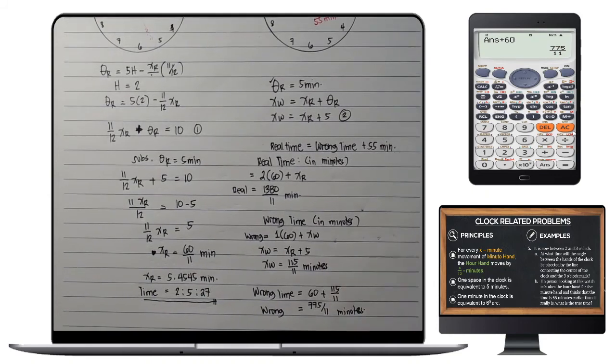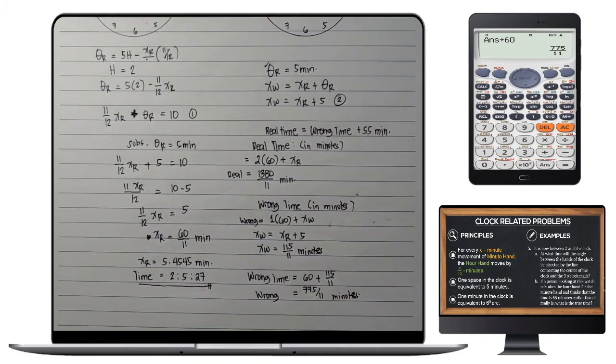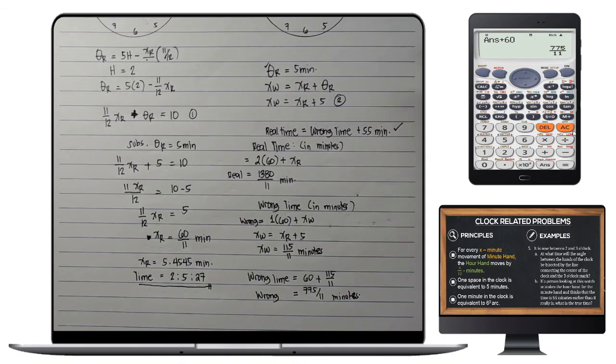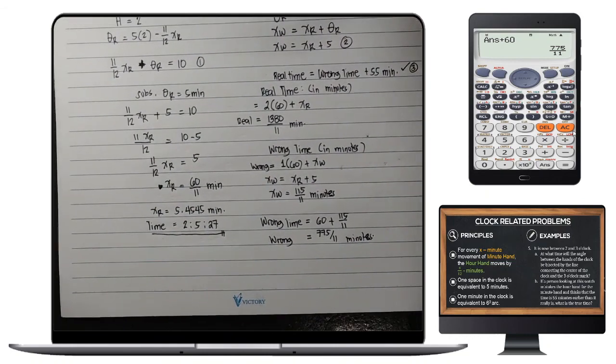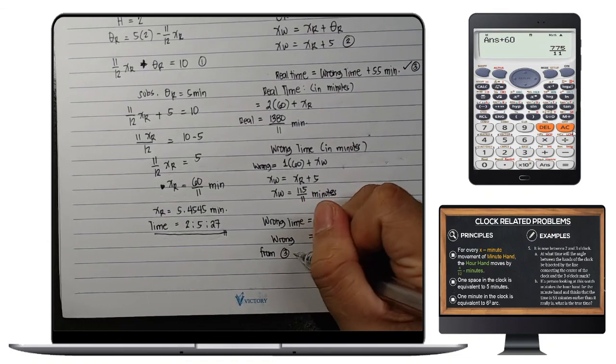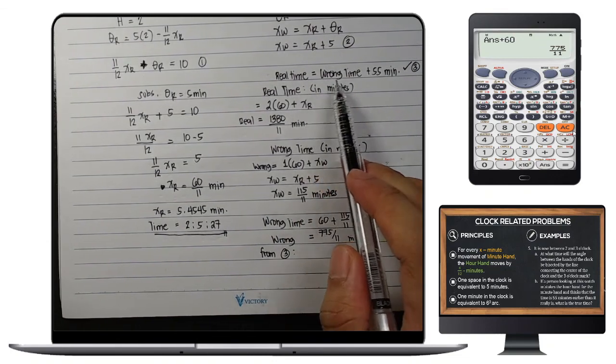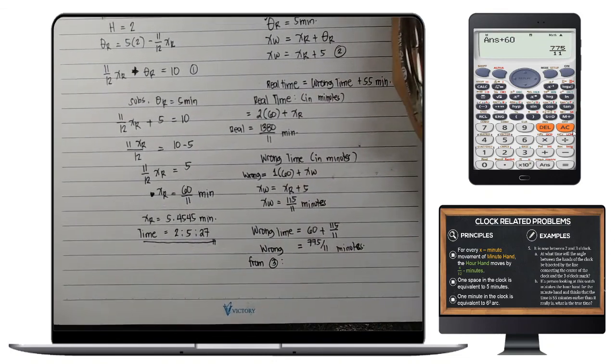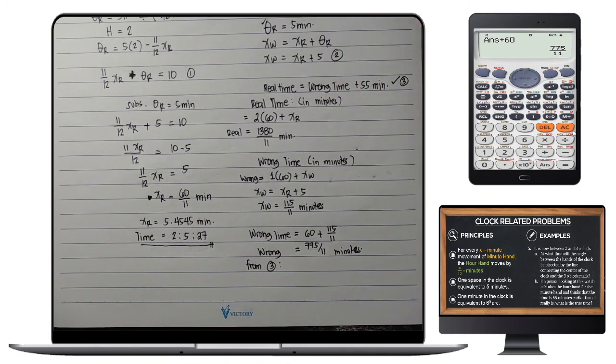Okay? So going back with our equation, let's call it equation 3. So from equation 3, we said that real time is equal to wrong time plus 55.